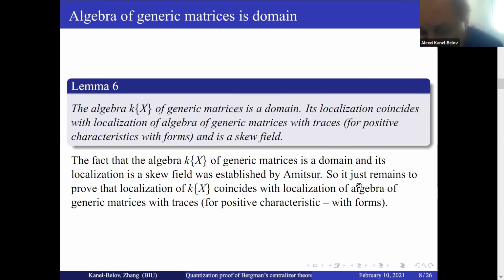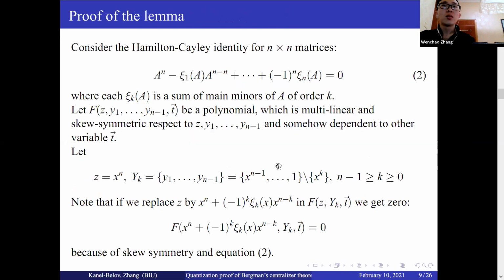Yes, sure. So now it remains to show that the localization coincides with the localization of the algebra of generic matrices with traces, and we will show that.